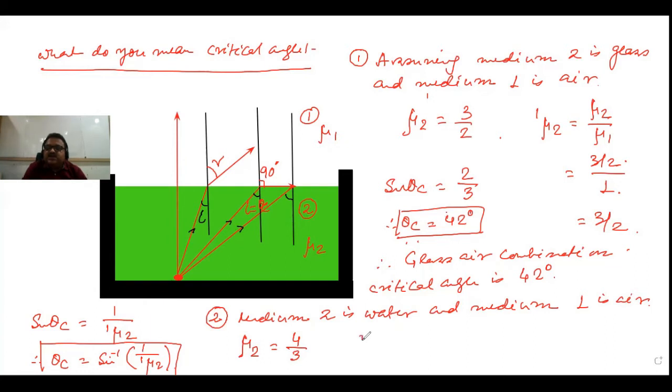Sin theta c is equal to 1 by 1 mu2, that means 3/4. And sin of 3/4 is actually approximately sine 49 degree. So sine theta c is approximately sine 49 degree. So for glass-air it is 42 degree, and for water-air the critical angle is 49 degree.